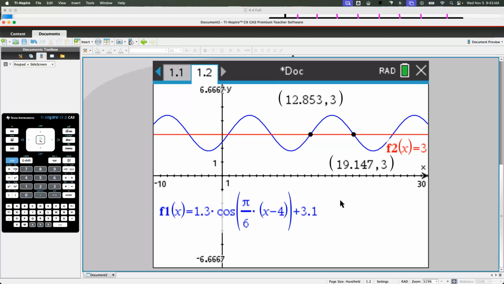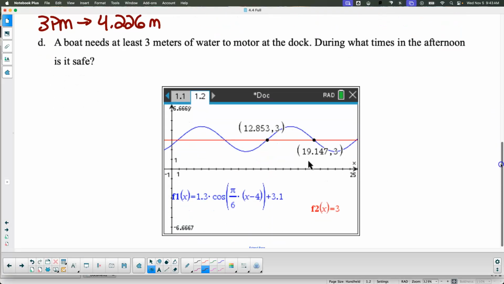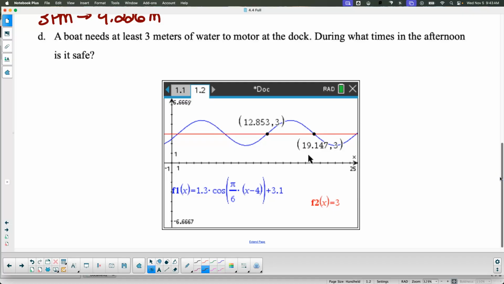Okay. Now I want to be able to draw on it, so I'm switching over to here because there's the same thing. So what time frame is this right here?